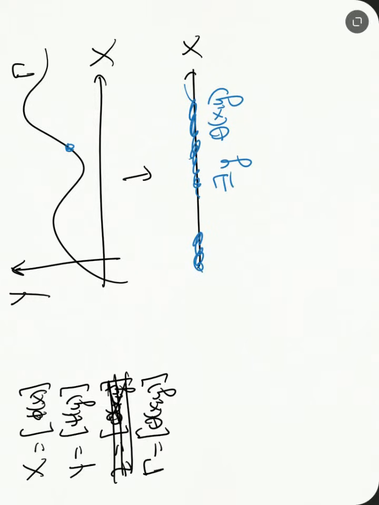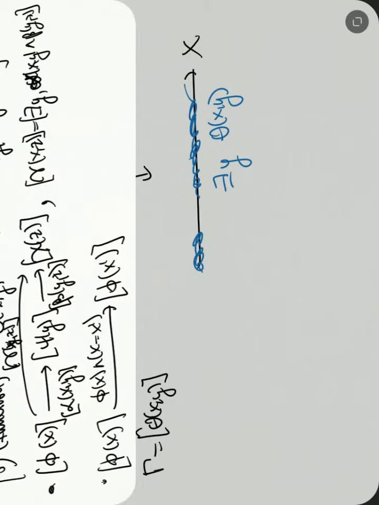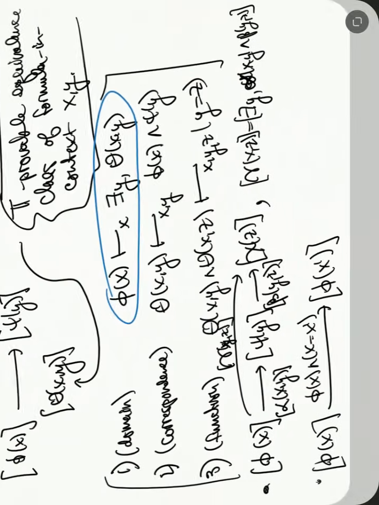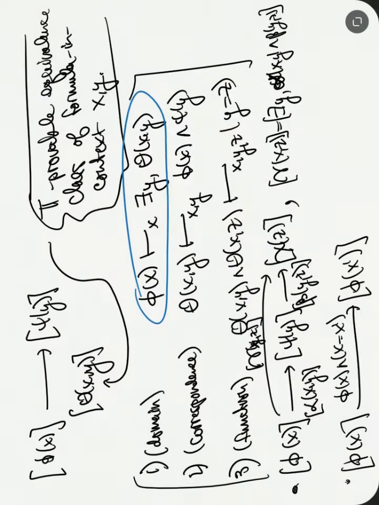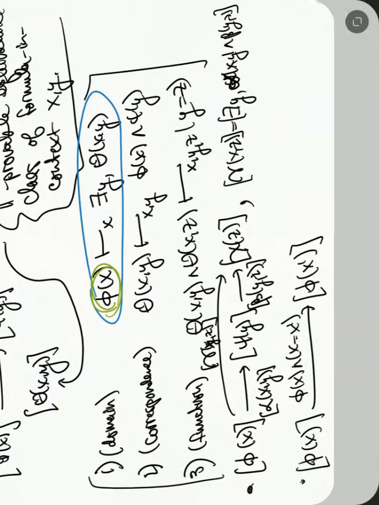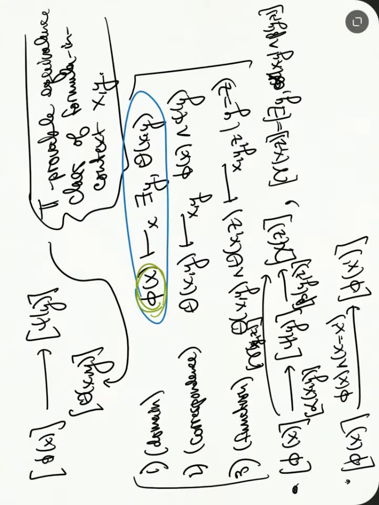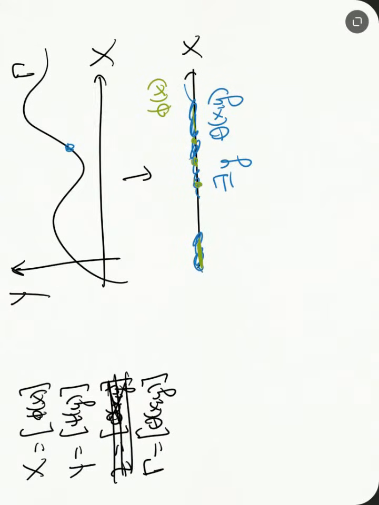So this is the image of this down here, and what this is saying is that the formula phi is lying in... this is phi of x, the definable set here. So it's saying that x is contained in the projection. x is completely contained in this projection down onto this axis.